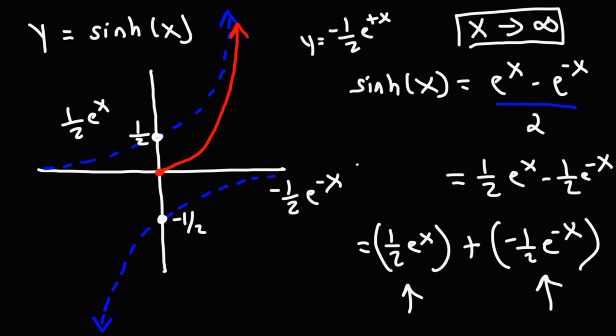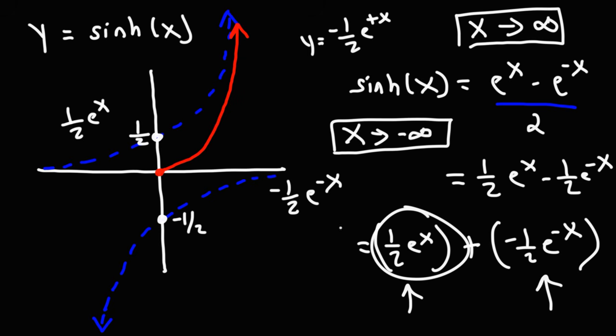Now, as we move to the left, as x approaches negative infinity, this part of hyperbolic sine, as we can see, goes to 0. It becomes insignificant. This part goes to negative infinity as x goes to negative infinity.